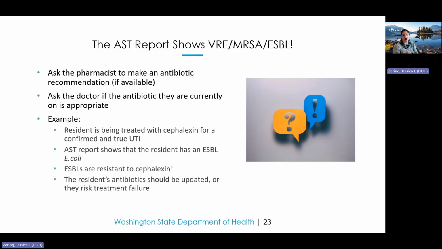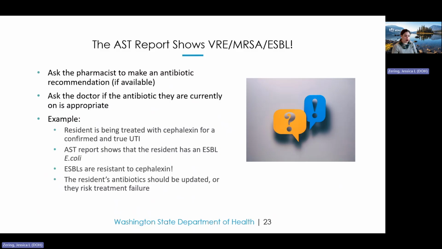One thing to do is, if you have a good connection with your consultant pharmacist, you can have them take a look at it and make an antibiotic recommendation. The other thing to do is to call up the doctor and just ask the question, is this antibiotic they're currently on appropriate, if they happen to be on an antibiotic already? So for example, another example that might be commonly seen: you might see a resident being treated with cephalexin for a true and confirmed UTI.